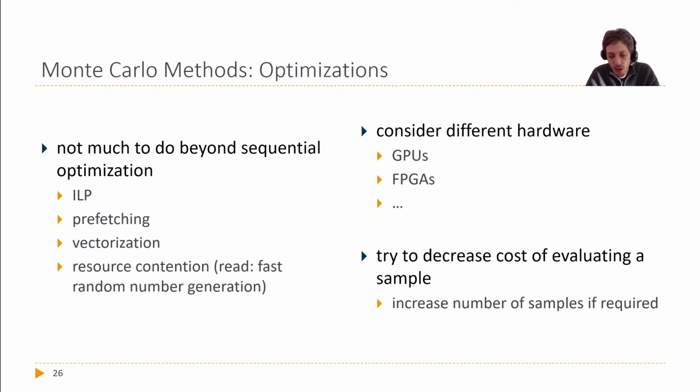If you can come up with a random number generator that is less suitable for whatever you want to do, but it decreases the evaluation time by a factor of 10, and you only need twice or 3 times the number of samples to mitigate that, you still end up with an overall performance improvement. And you could try to increase the number of samples and make each sample less accurate but faster to compute, depending on your problem. Beyond that, there's really not that much you can do with Monte Carlo methods, beyond the math that is involved, because there's very little entities involved, there's very little memory hierarchy. There's not that much you can do.